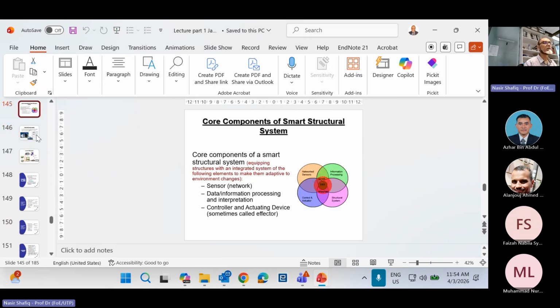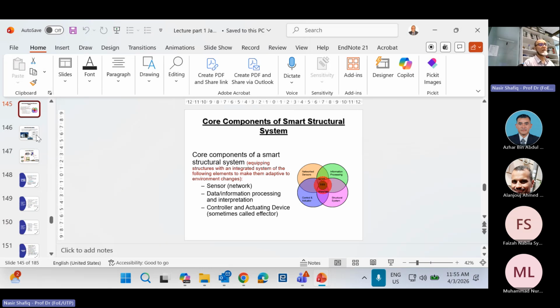So the components of a smart structural system means networked sensors, which are connected to the network and continuously sending data for information processing.